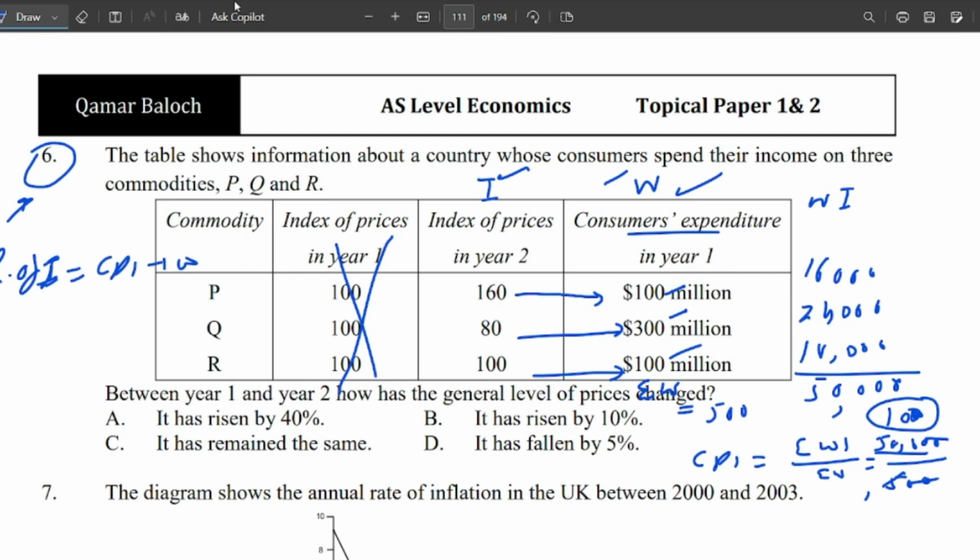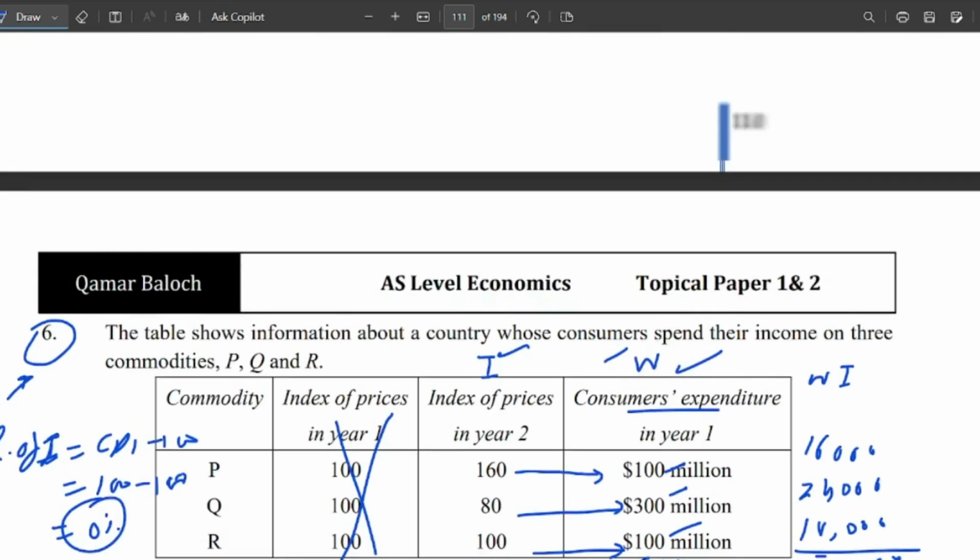CPI is also 100, and if we deduct 100 from this, 100 minus 100 gives us 0%. It means there has been no change in the cost of living, or rate of inflation, or change in prices. So we will choose option C in this question.